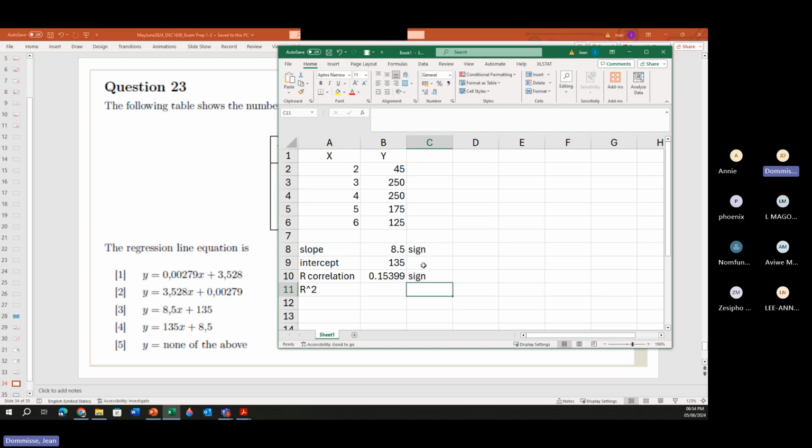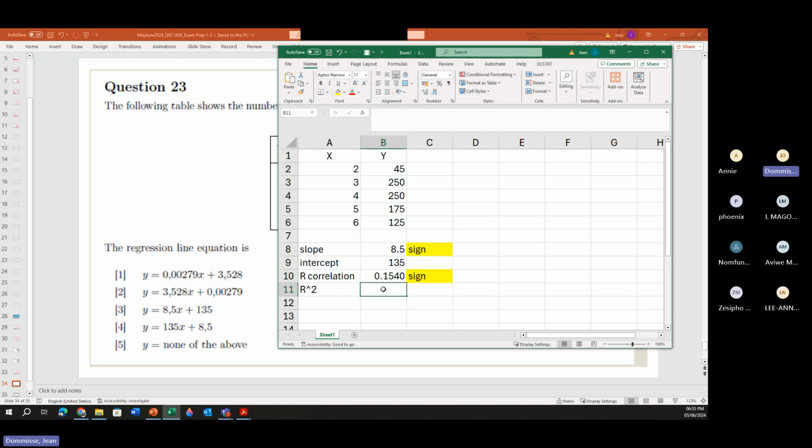When you work it out on your calculator or on Excel, they might give you a follow-up question and say the correlation is, and one of them is negative, then you can already eliminate the negative option, because your slope is positive, so your correlation needs to be positive as well.